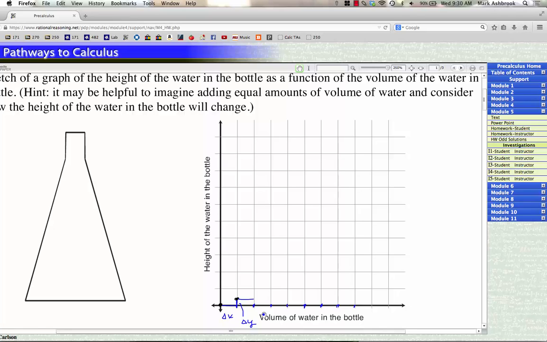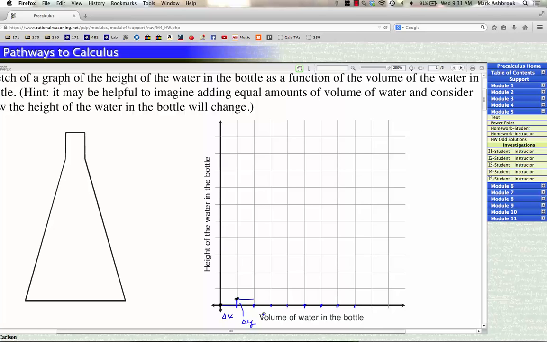All right, so now we get to our second question in the 3. How does that change in y compare to the previous change in y? So this change in height, will it be greater than, the same, or less than the previous change in height? A little bit bigger. Why? The bottle's getting narrower.